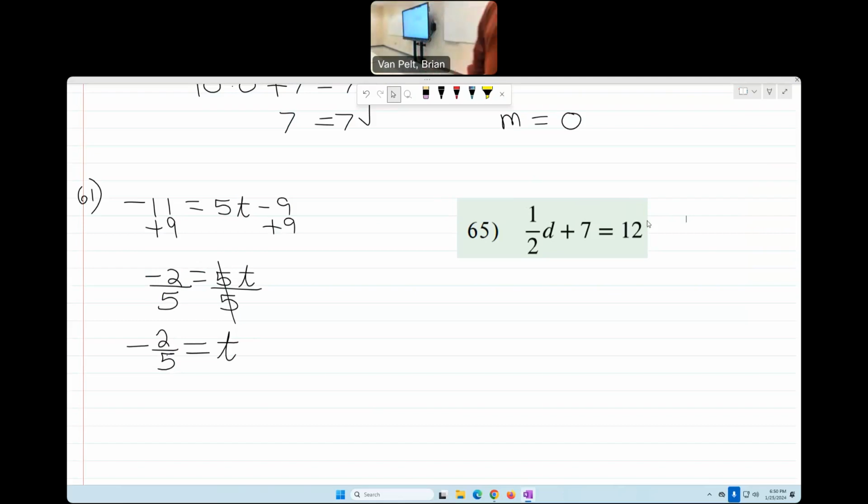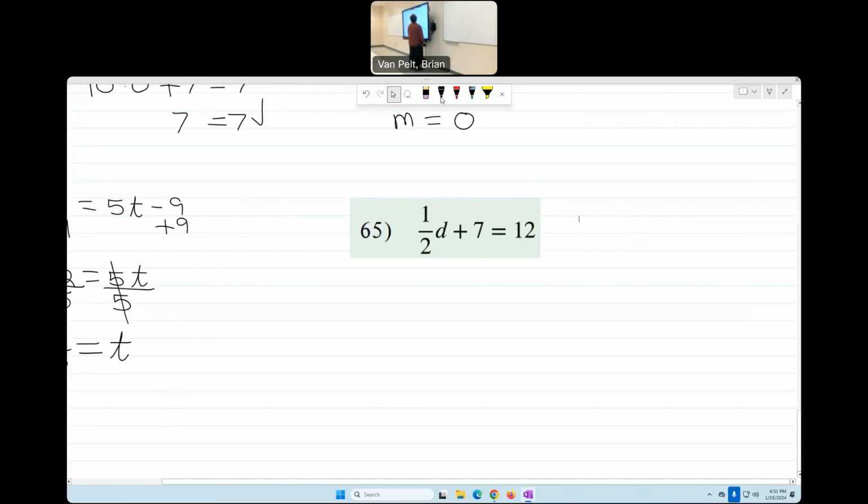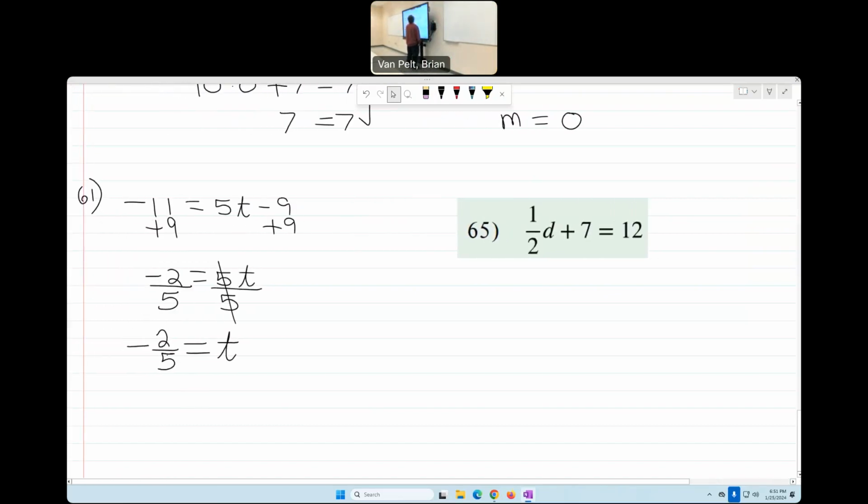So this is a new style of problem. And I kind of let you find out the nuances as you're working, and we'll talk about it. So as before, you want to subtract 7 from both sides. This is a little bit weird, because that is 1/2 times D. So what should you do with it?